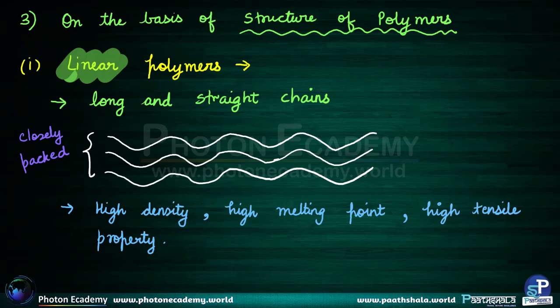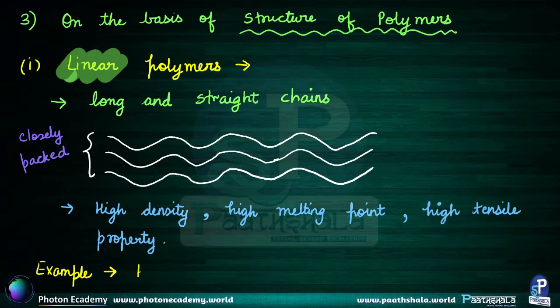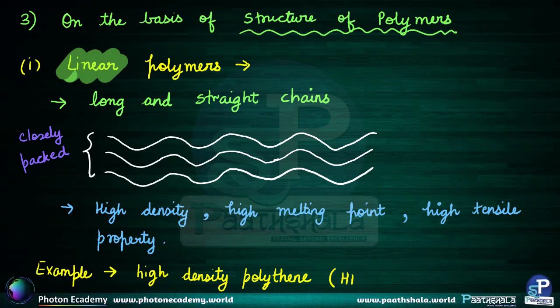Now, because they are high density, some of the examples we can see of these linear polymers are high density polythene, which is referred to as HDPE.